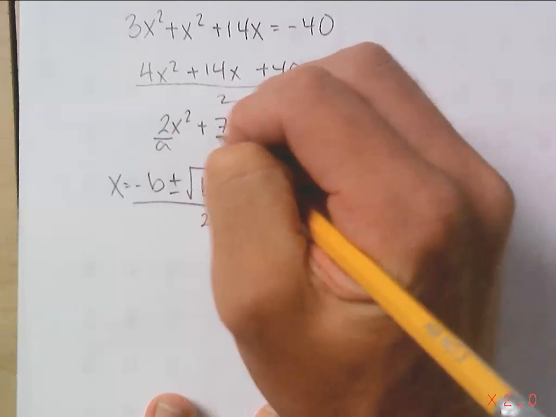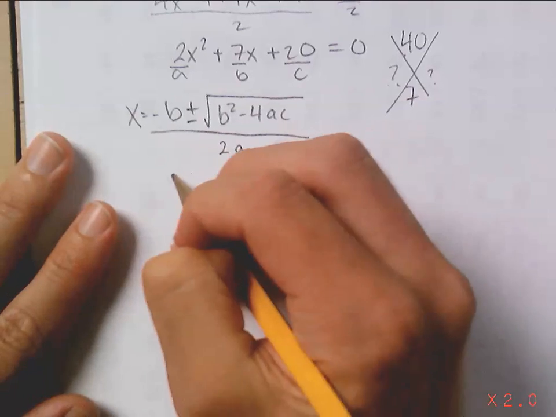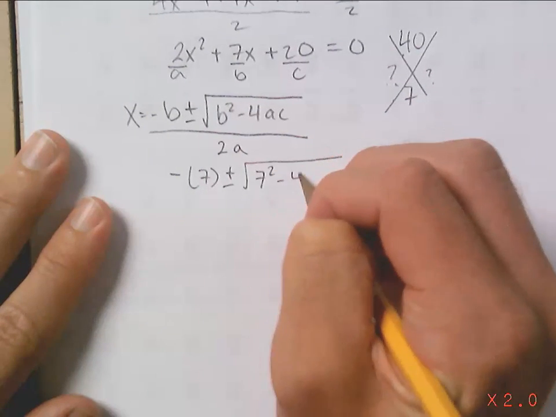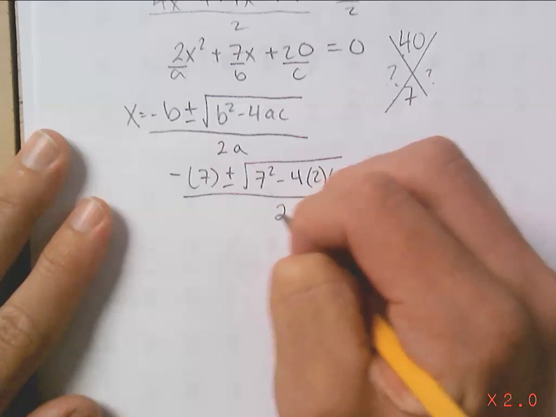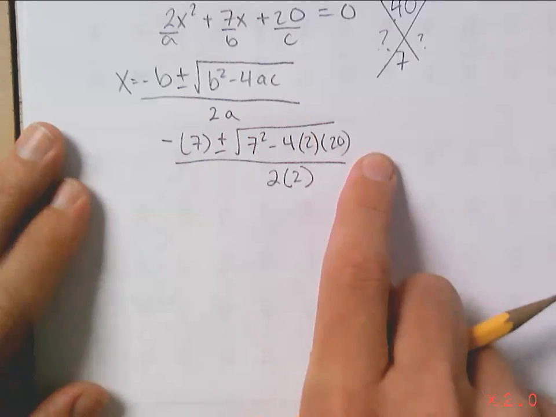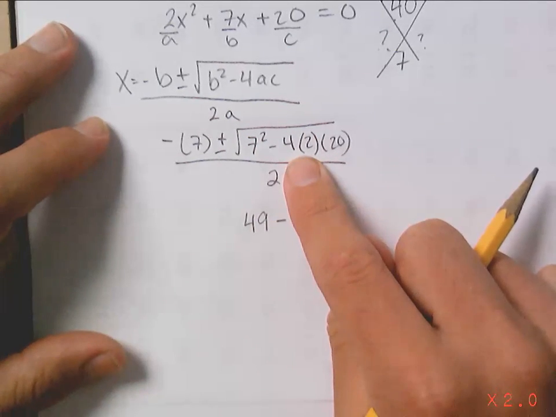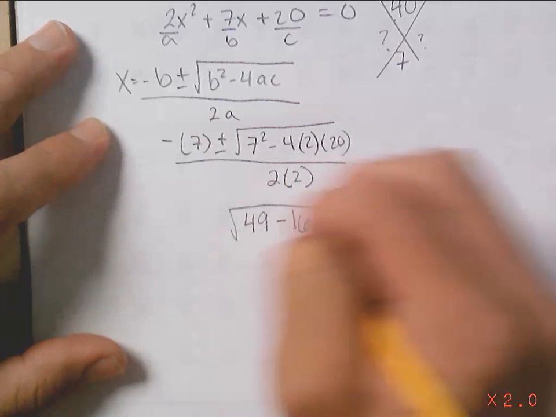So 3x squared and x squared makes 4x squared plus 14x, add the 40 over, set equal to 0. Now it would be really ideal to make sure that this is divisible by 2, everything. So we can go ahead and divide everything by 2 on this side and everything by 2 on this side. We end up with 2x squared plus 7x plus 20 equals 0.